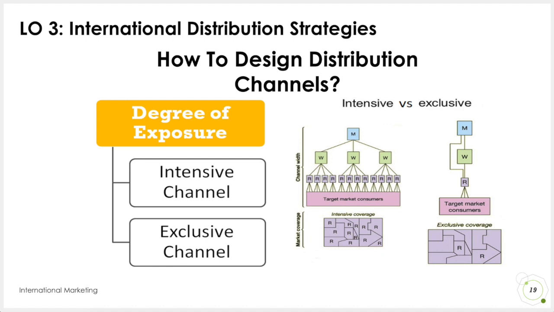In this way, an exclusive channel creates a barrier that makes it difficult for outsiders to penetrate the channel. For example, in most countries, new car dealerships reflect exclusive distribution, such as a Honda dealership cannot sell Toyotas, Proton dealers cannot sell Mitsubishi, and vice versa.